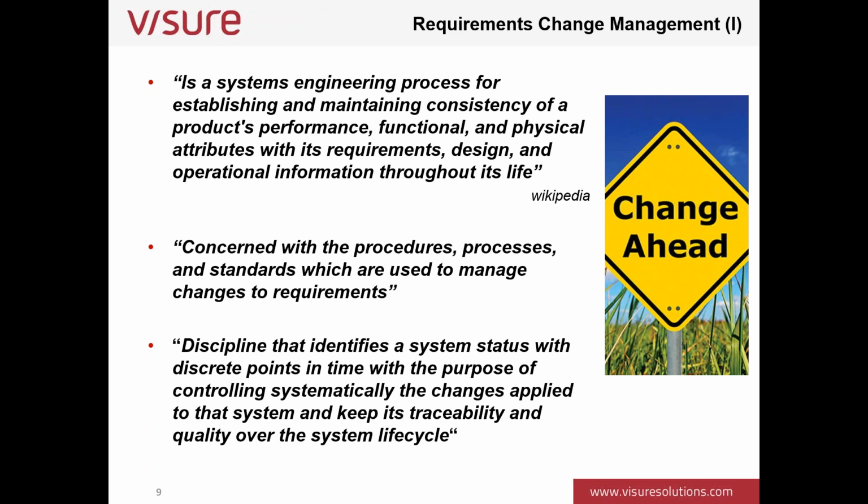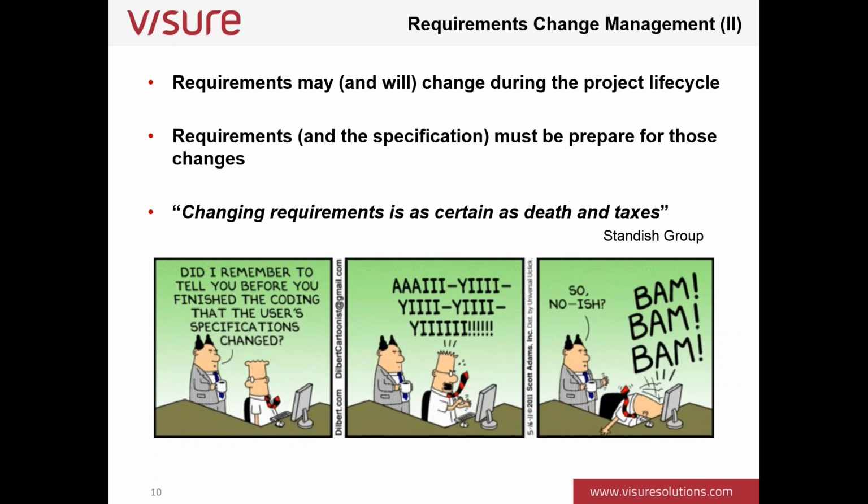This could be a bit more complicated at the beginning, but once we start talking about different requirements versions and different specification versions and baselines, we will understand better what we mean here by a discrete point in time. So it's basically about handling or addressing the changes to the requirements, the modifications to the requirements.